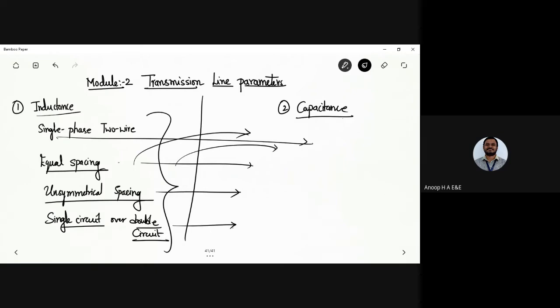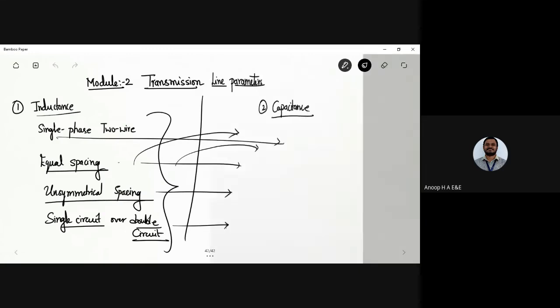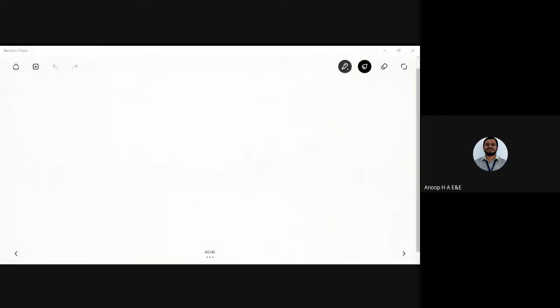With this note, let me begin the introduction and highlight a few transmission line constants. As we have seen in the performance of transmission lines, how will you categorize the performance of a transmission line? How will you say one transmission line is better than another? On what basis do you analyze it?